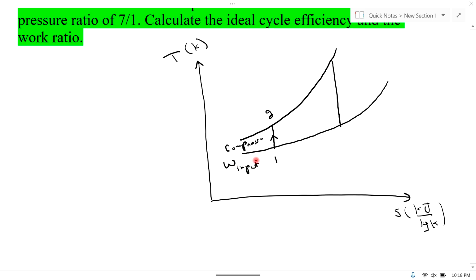The work input in the compressor is at constant entropy. From 2 to 3 is a heater, and in the heater heat is supplied at constant pressure.